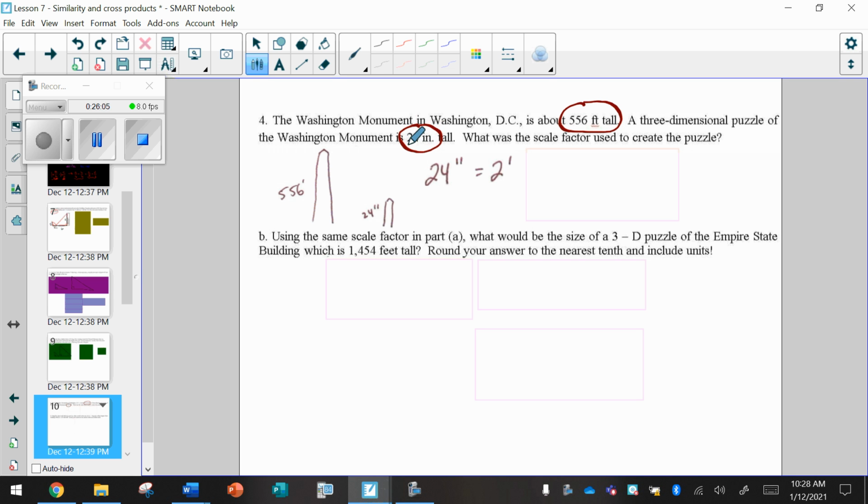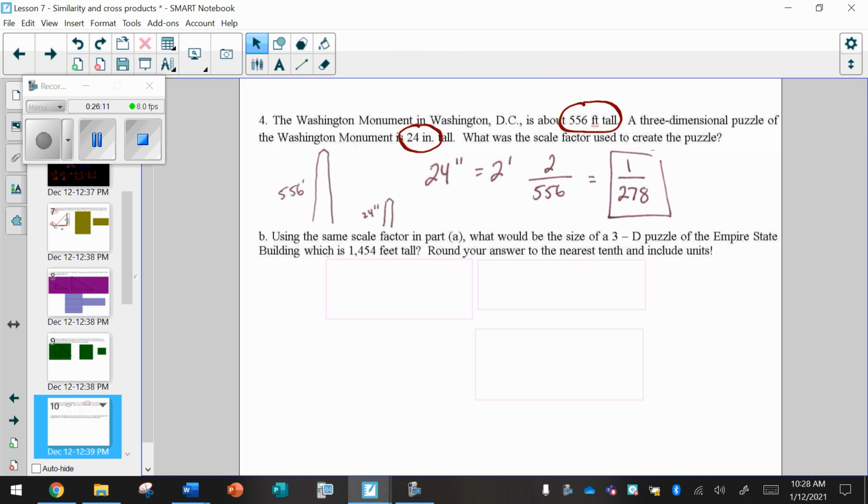So 24 inches is 2 feet, so we can just use that. So that means for every 2 feet of puzzle, there's 556 feet in real life, which reduces down to a scale of 1/278.